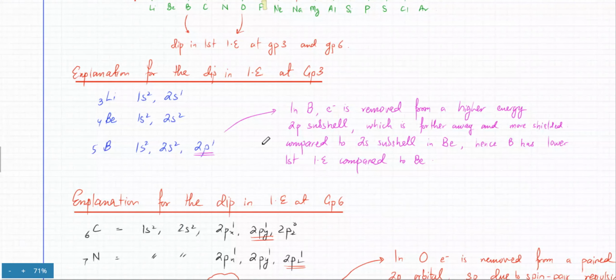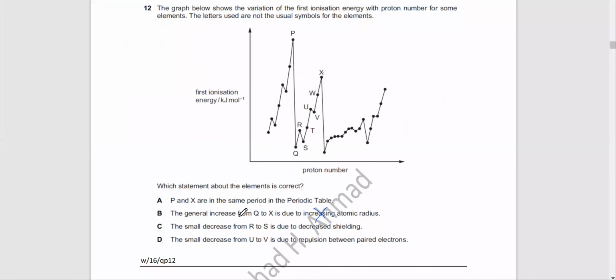There were more subshells coming in the middle, so it was further away, more shielded. So the question states that there is decreased shielding, but there was in fact increased shielding, not decreased.